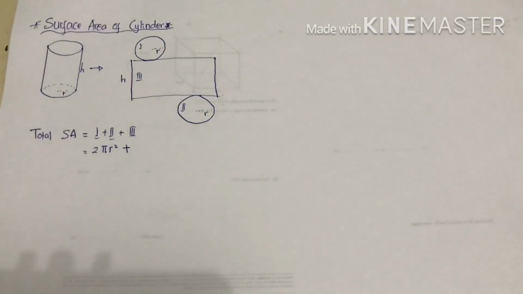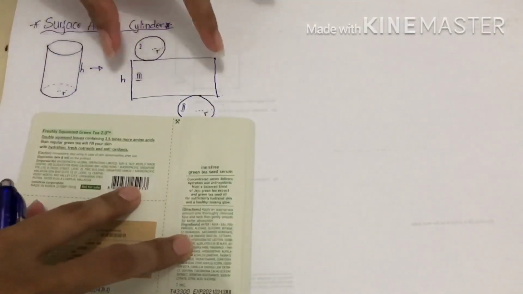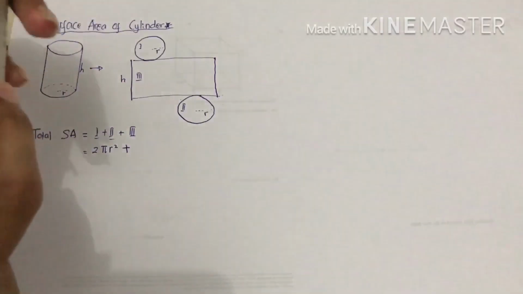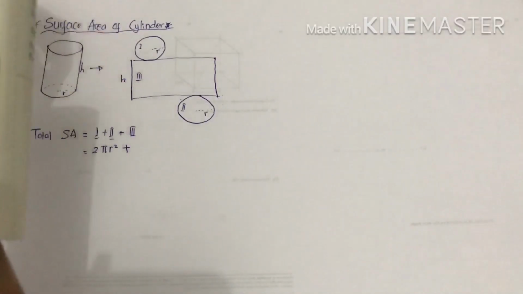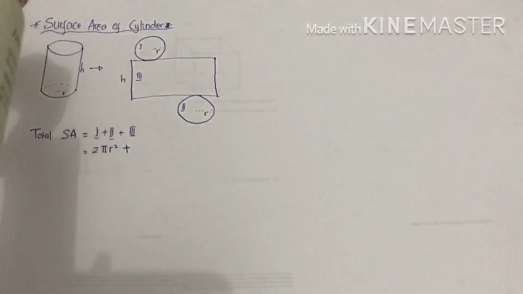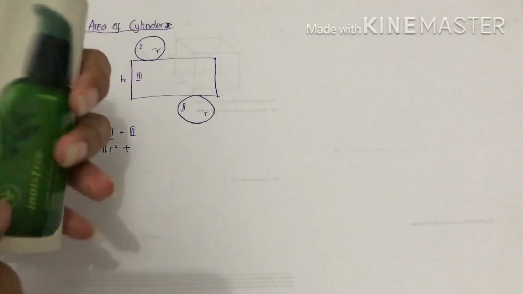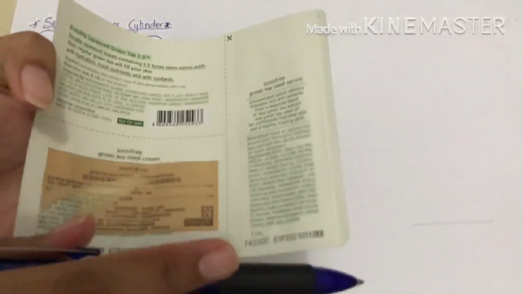Let's just consider this is the rectangle here. If we form it like this, it will be back to the first shape, right? The first condition. So it means that this is the height here.